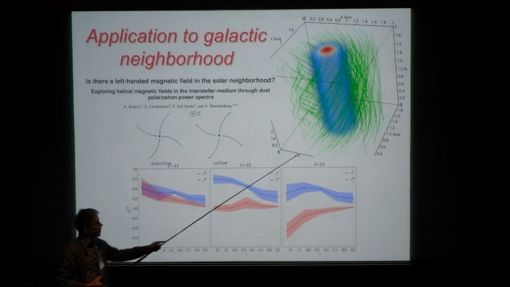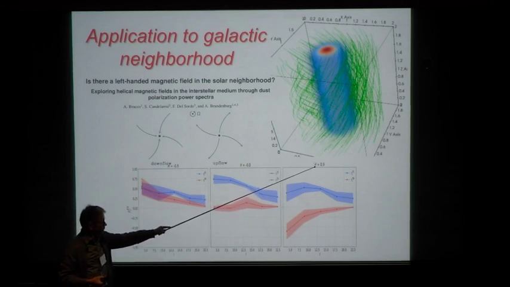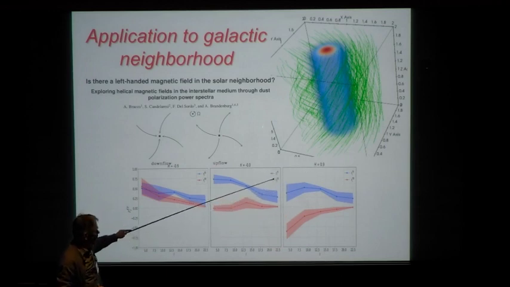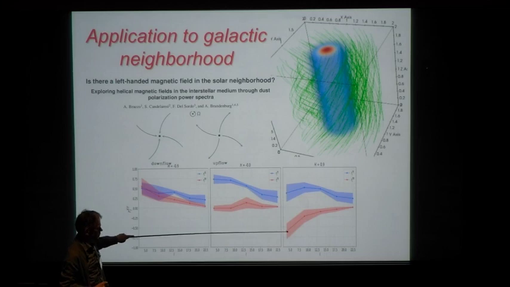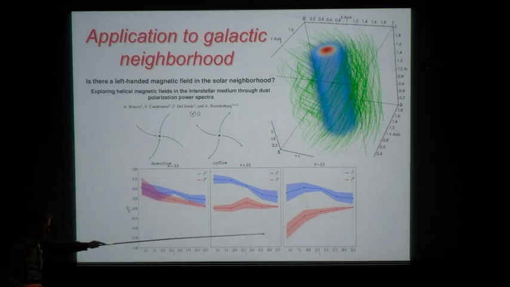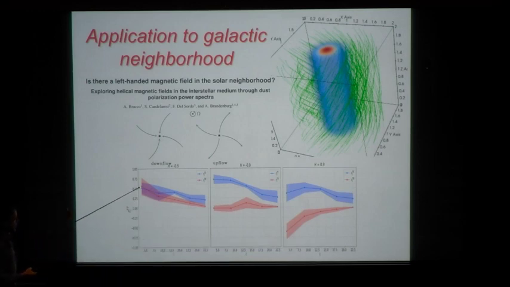And in that case, the numerical experiments showed that for positive helicity, the TB polarization, which here is shown in red, is negative on large length scales, small values of L, but it changes to becoming positive for negative helicities.